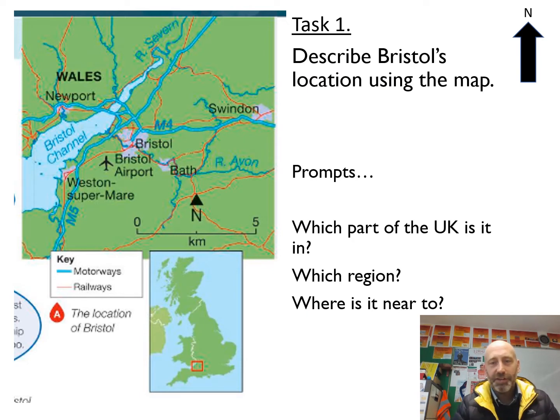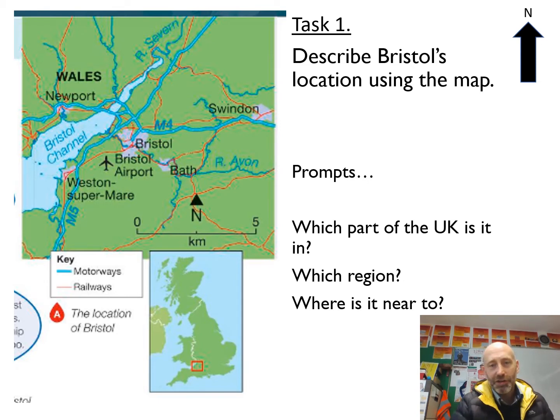Okay, first main task: pause the video and give yourself 5 minutes, and using the map on the left, describe Bristol's location. I put some prompts on there, so think about them when writing in full sentences. Which part of the UK is Bristol in? You might want to look at this map, which shows where Bristol is within the whole of the UK.